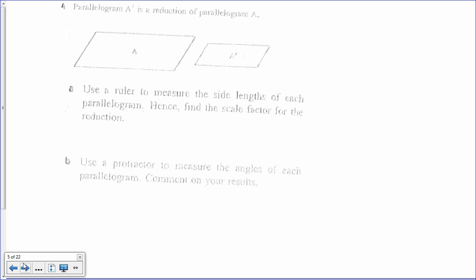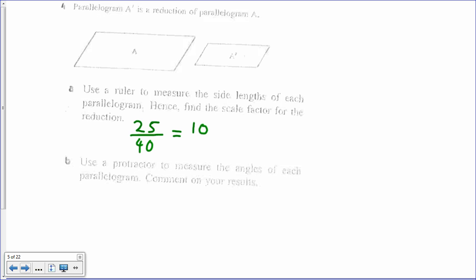Question 4. Parallelogram A dash is a reduction of parallelogram A. Use a ruler to measure the lengths, and hence find the scale factor. With a ruler on your sheet of paper, you would have found that the long side on A dash was 25 over A, which was 40.